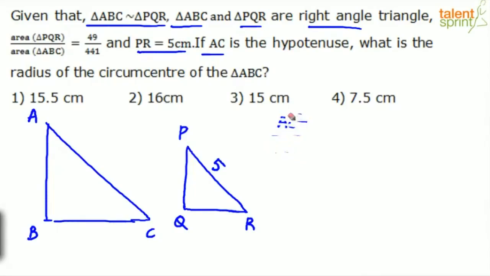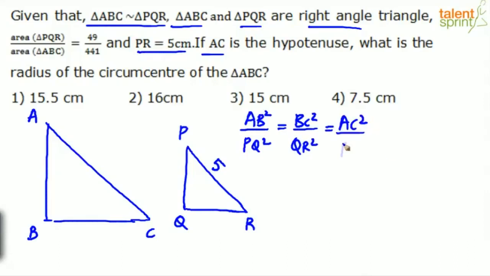There are 3 pairs of corresponding sides, right? So the ratio of each of those pairs squared will be equal to the ratio of the areas. So I can say AB squared by PQ squared equals BC squared by QR squared equals AC squared by PR squared. This should be equal to the ratio of their areas.